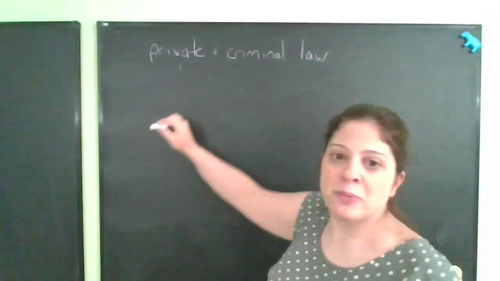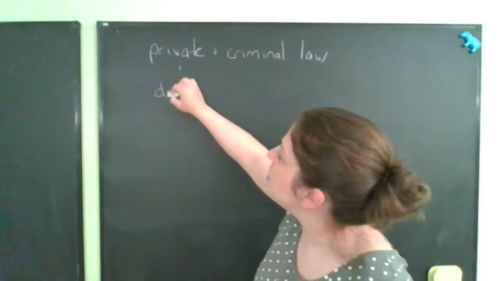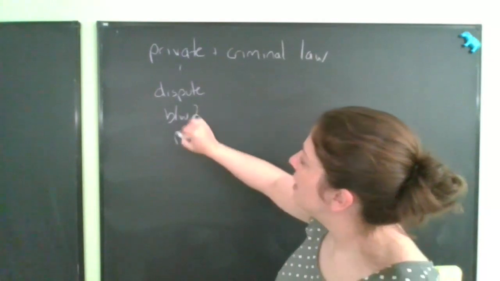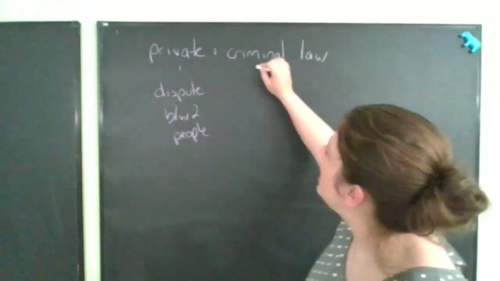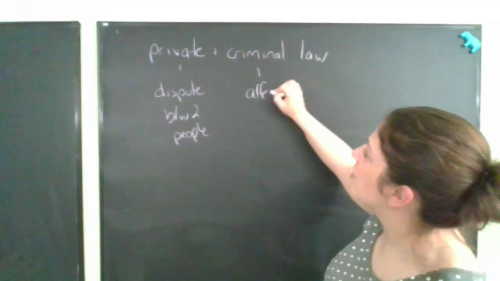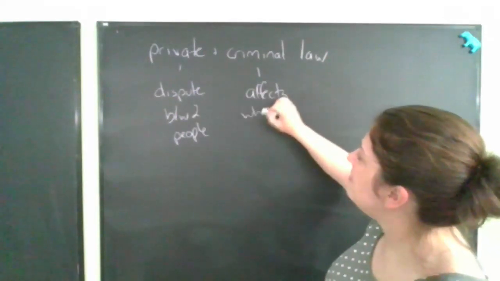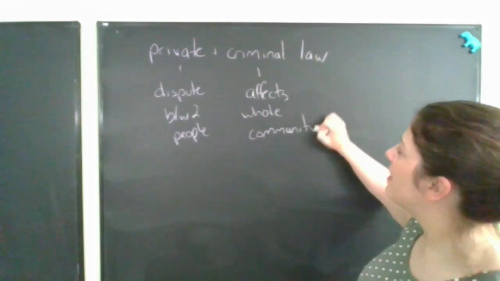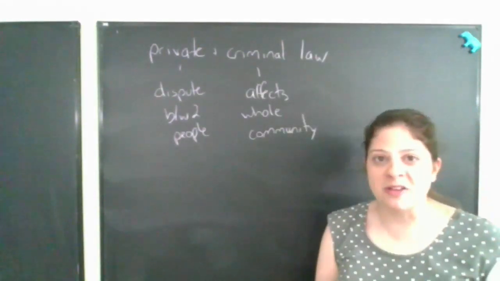A private law issue is a dispute between two people, whereas a criminal issue, in theory at least, affects the entire community. This is not a very strict line, and it often depends on your way of thinking.